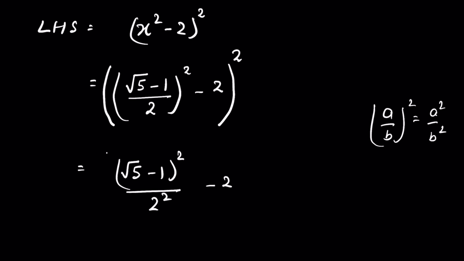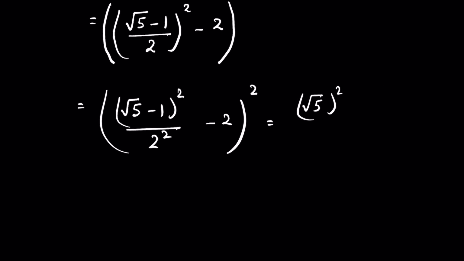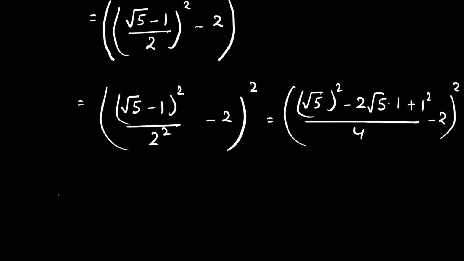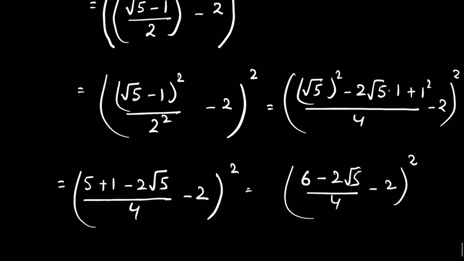Then minus 2 whole squared, or we can solve it as square root of 5 squared minus 2 times square root of 5 times 1 plus 1 squared upon 4 minus 2 whole squared. This is equal to 5 plus 1 minus 2 times square root of 5 upon 4 minus 2 whole squared, which is equal to 6 minus 2 times square root of 5 upon 4 minus 2 whole squared.